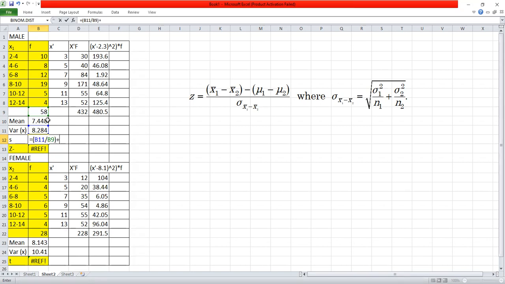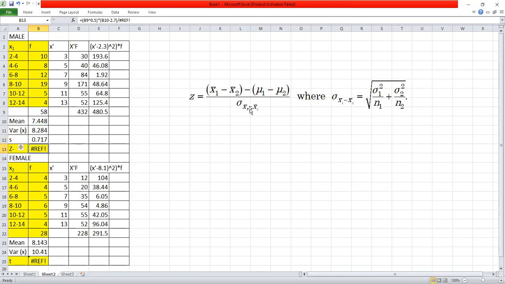Plus the variance of females, divided by what? 28. Put a bracket, and again in the square root, put a bracket again because I'm using Excel. Then that's 0.5, giving us S is equal to 0.718.